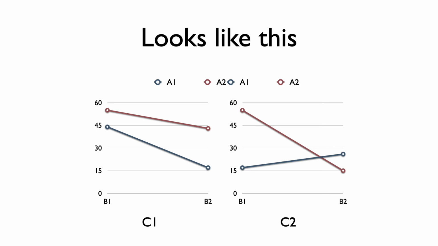Then look at the panel on the right, and in fact it's the opposite. A2 is bigger than A1 at B1, but then it flips at B2. So the two-way interactions are different depending upon the level of a third variable.